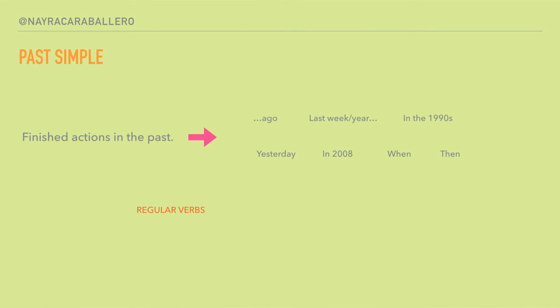Okay, and it's also very important to know that in English we have regular verbs which end in ed in the past tense, and irregular verbs which are found in the second column of irregular verbs. I recommend you to study it if you don't know this list yet, okay?